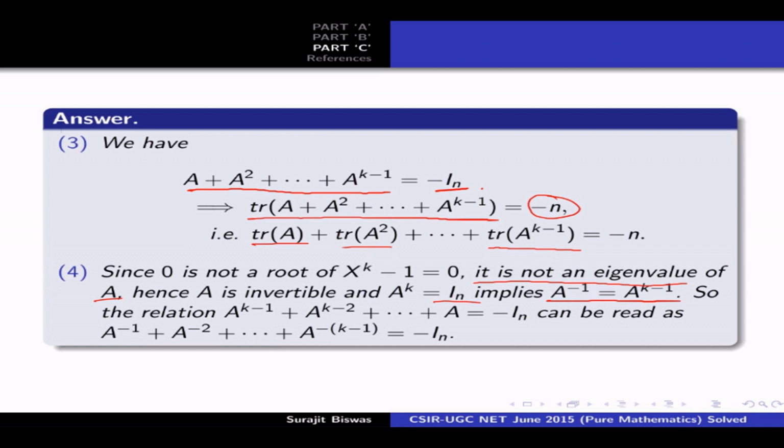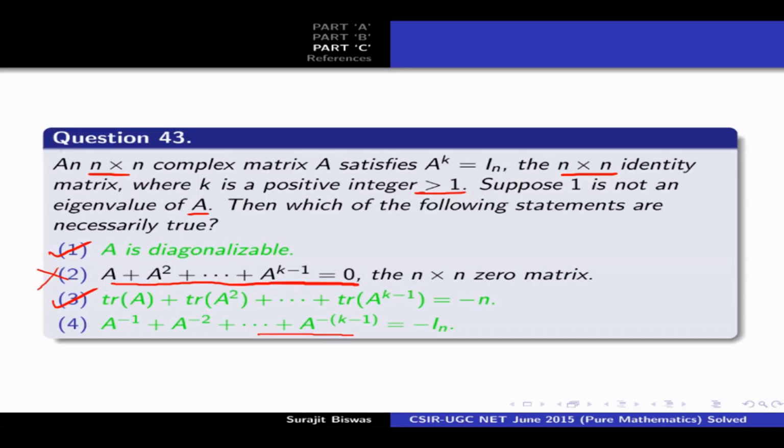So the relation A to the power k minus 1 plus A to the power k minus 2 plus ... plus A equal to minus In can be read as A inverse plus A to the power minus 2 plus ... plus A to the power minus (k minus 1) equal to minus In. Okay, so option 4 is correct.